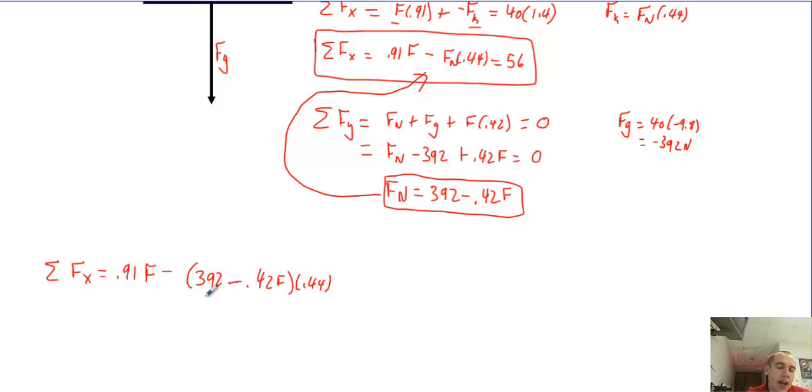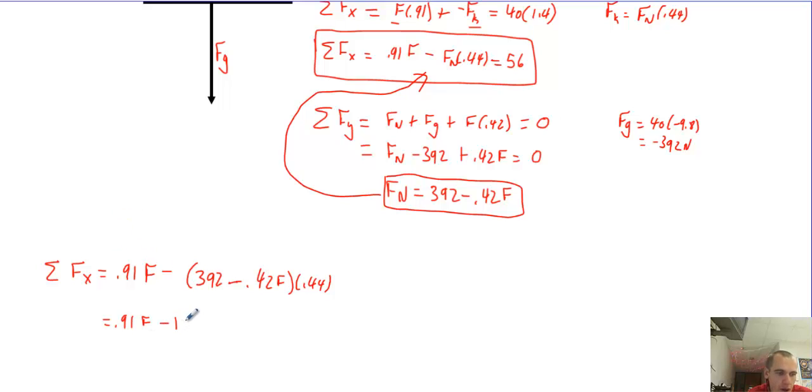Alright, so I'm going to distribute this negative through first. So I get 0.91 F, and 392 times negative 0.44 is negative 172.48.